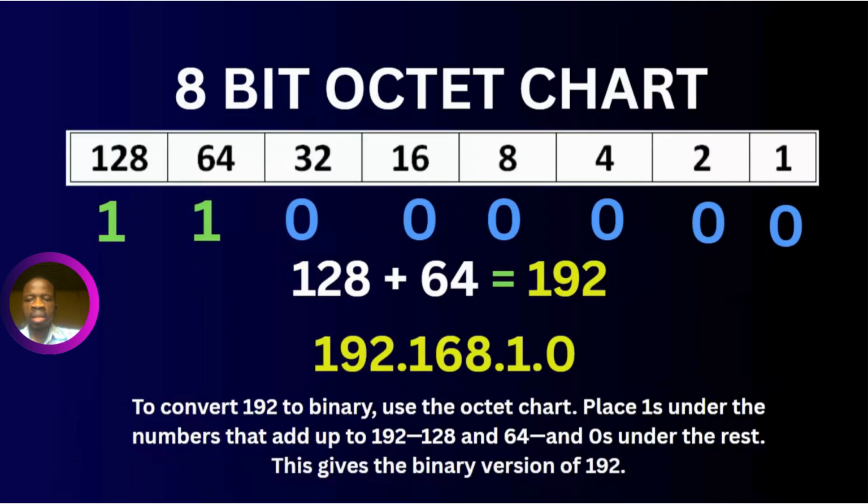So to convert the 192 to binary, you still need to use the octet chart. You first of all place the ones under the numbers that add up to 192, and the 192 can be gotten from 128 and 64, and the zeros under the rest. This gives the binary version of 192.